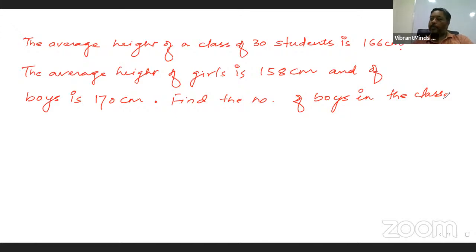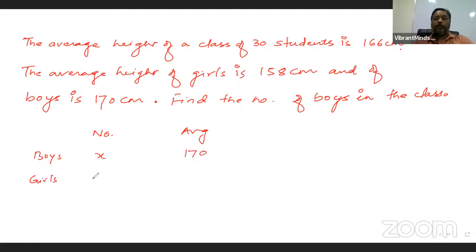Now see, what I will do is, I will write this information in the following way. Number, average. Let's say boys, I will consider X, and average is 170.